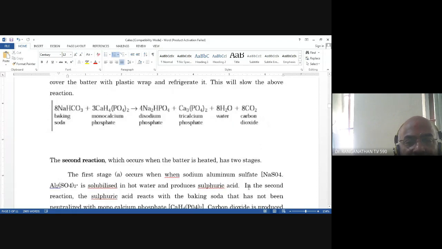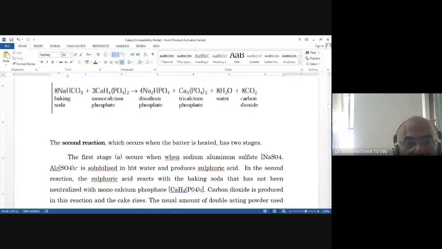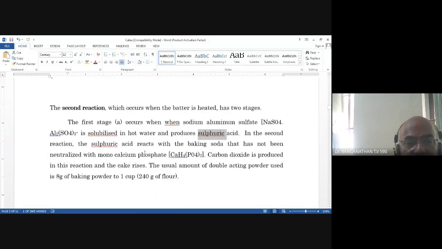After this, what happens is sodium aluminum sulfate is not that strong an acid. It slowly solubilizes in hot water and produces sulfuric acid. So in the presence of sulfuric acid, again what happens, instead of bicarbonate, you put sulfuric acid here. So basically you have aluminum sulfate, etc. and a second set of carbon dioxide is liberated.